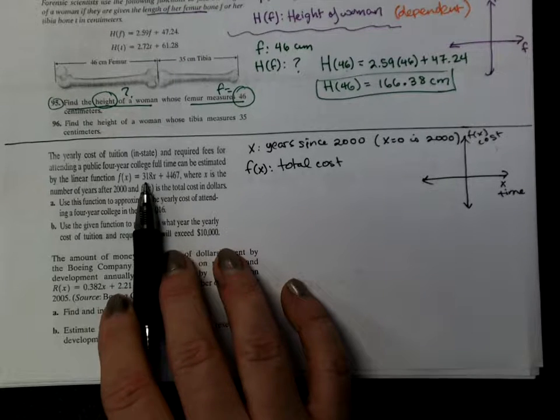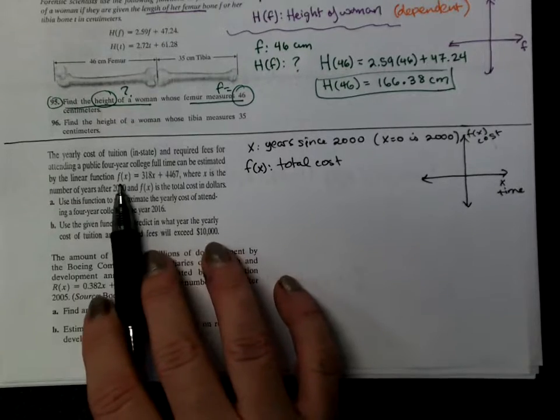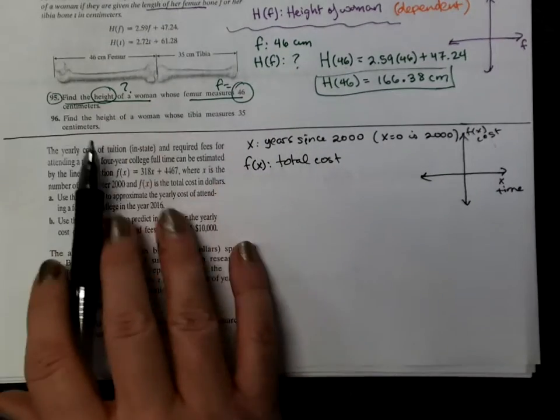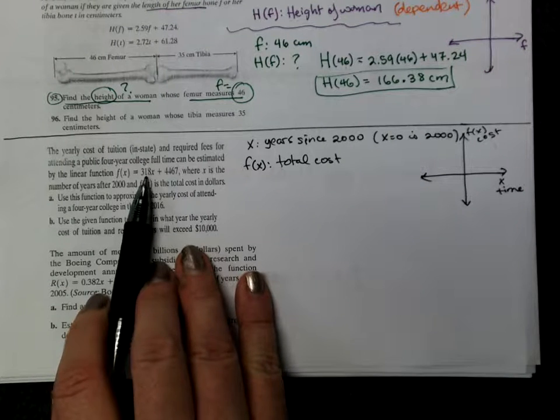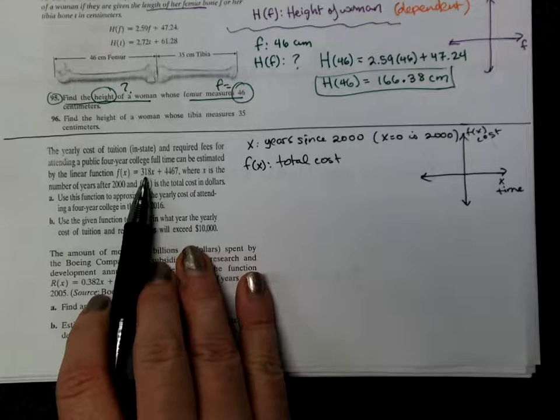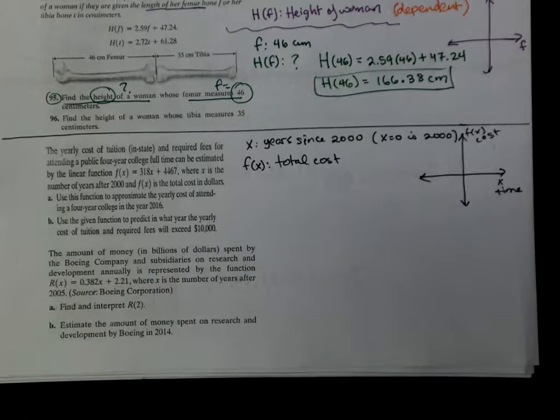Whatever's next to that variable is going to tell you how much it goes up each year. Now, if we're just looking at the equation without all the other words, what does that 318 mean if we were to graph this? The slope, exactly. Slope is rate of change. That's how much it goes up per year. That's going to tell you how fast or slow that line climbs.